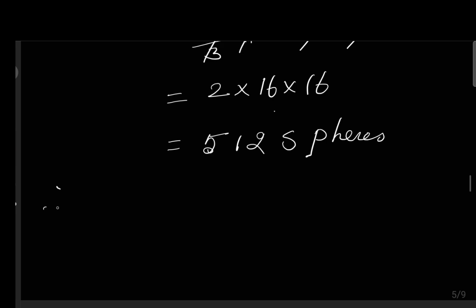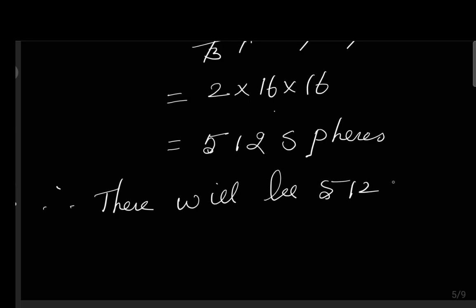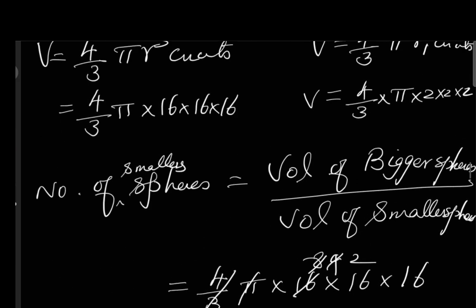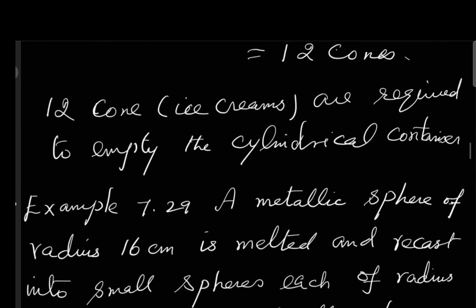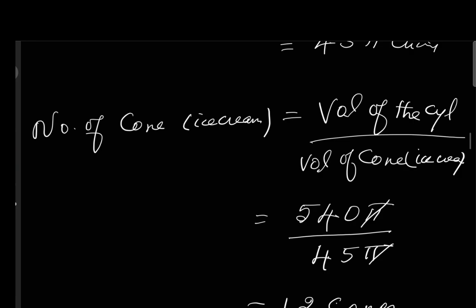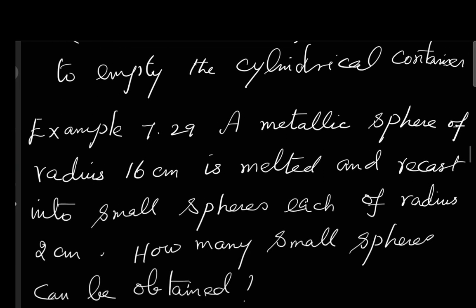So therefore, how many spheres can be obtained? There will be 512 small spheres. See, these two example sums are very important, and this is the easy method of doing this calculation also.